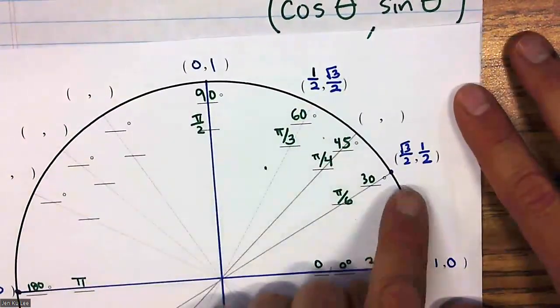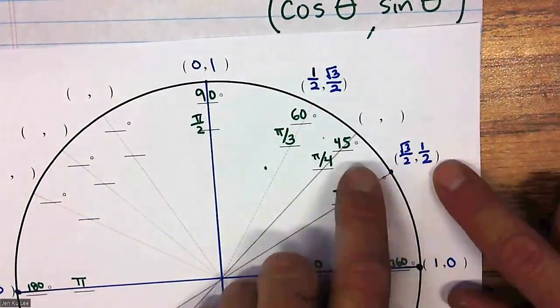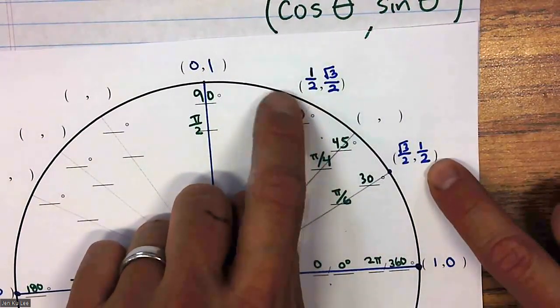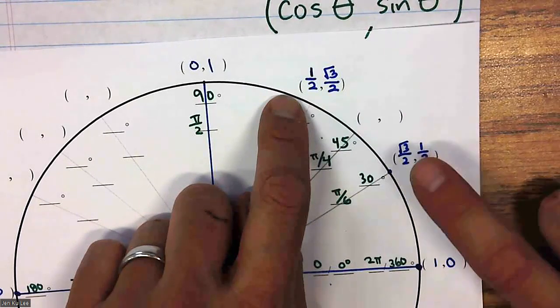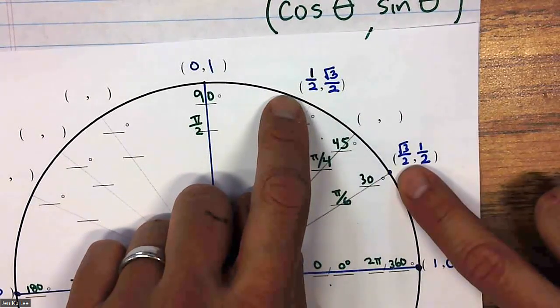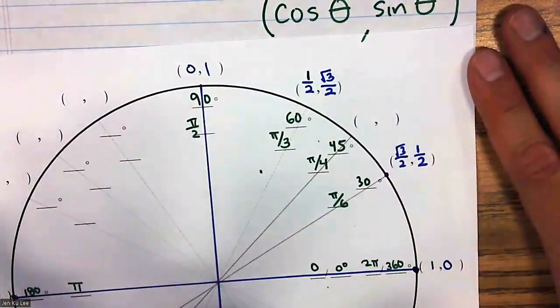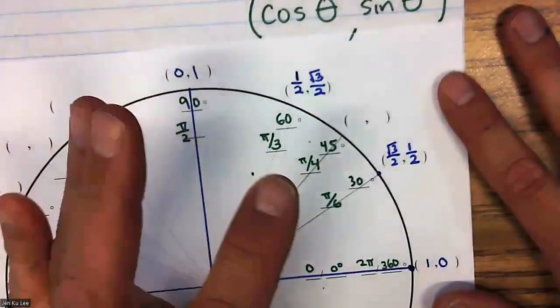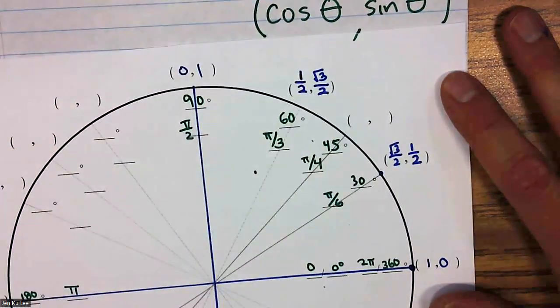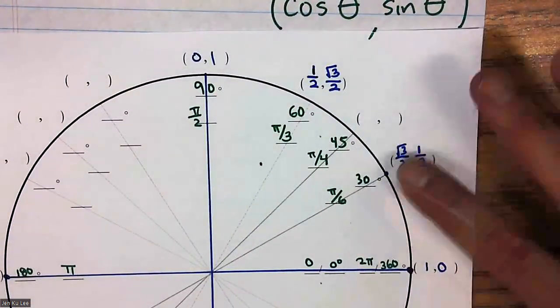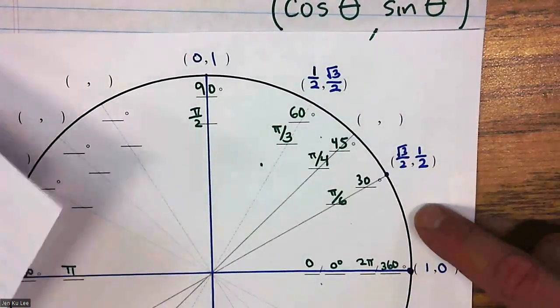The sine of 30 equals the cosine of 60, and the cosine of 30 became the sine of 60. There's a special relationship there that I'm going to leave as is for now. We'll get back to it, probably next week sometime, but I just wanted to point that out.